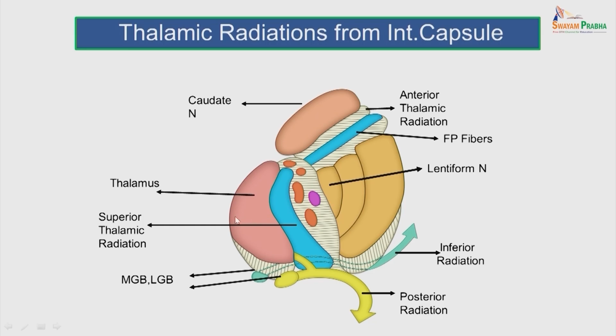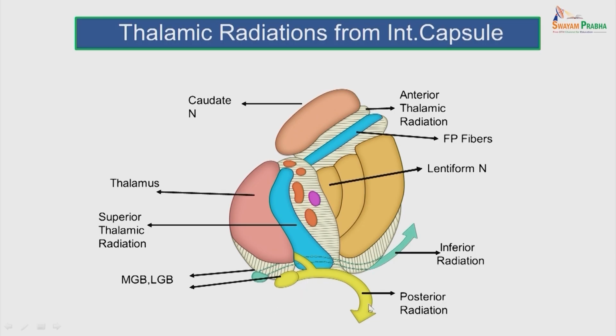The superior radiation also carries the medial dorsal, then the lateral dorsal and lateral posterior. The inferior thalamic radiation goes through the sublentiform part of the internal capsule, carrying the medial geniculate body fibers.